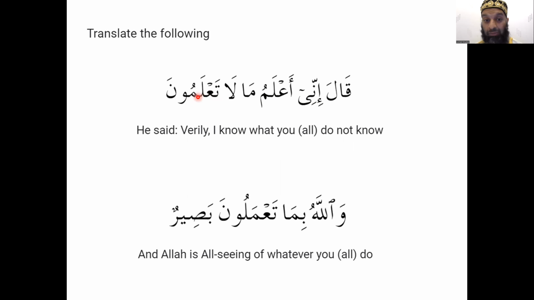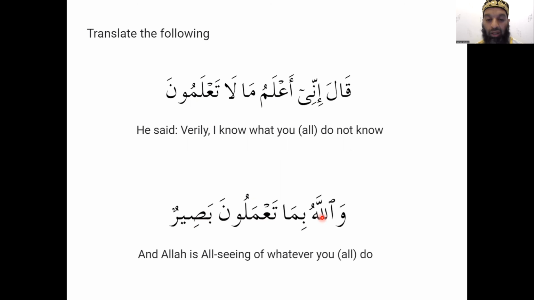That's ilm. This one is amala, action. So this word and that word are not the same. That's ta'lamuna, ilm. This is ta'maluna, amal. Amal means to do, right? So, and Allah, with what you all do, basir, he sees.